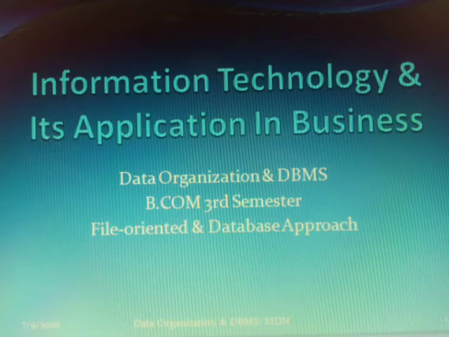Now this is another part which is more or less similar to this. We call it Three-Schema Architecture. Three-Schema Architecture means the way the structure is made. A database schema is a layout of the database or a blueprint that outlines the manner in which the data is stored in the database.